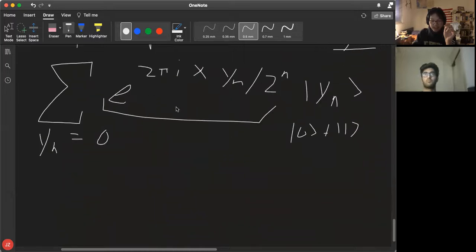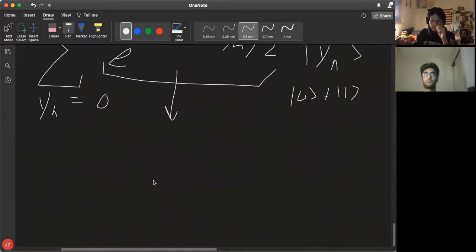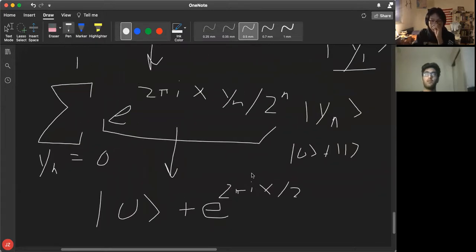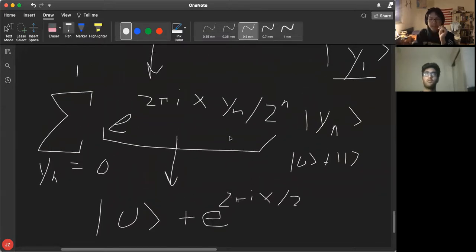What this will look like when you fully expand it is, for ket 0, nothing happens. But for ket 1, we have this coefficient sitting there, e to the 2 pi i x over 2. I don't know why I wrote it this way in my notes, probably because I was in a rush.